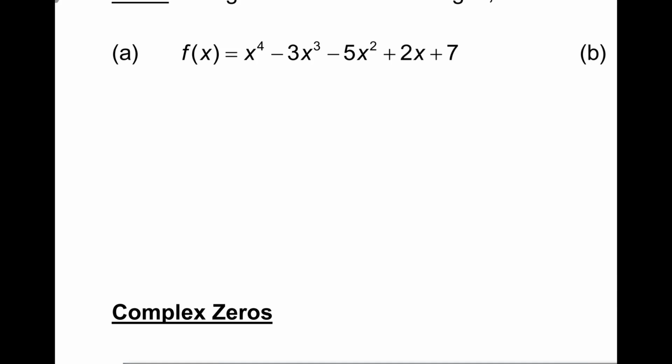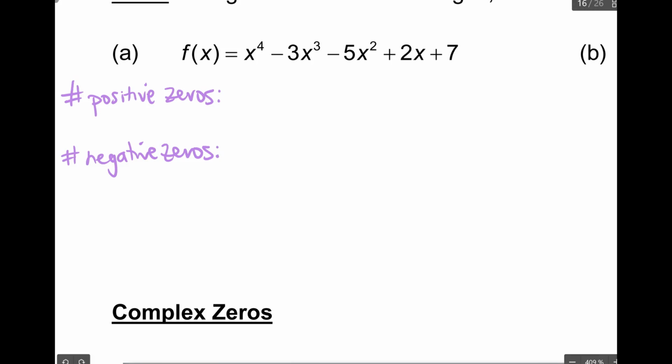So I have x to the 4th minus 3x to the 3rd minus 5x squared plus 2x plus 7. The number of positive real zeros is going to correspond to how many sign changes there are. I have a positive, I'm going to a negative, so this is my first change of sign. Then I'm going to a negative, well that's not a change of sign.